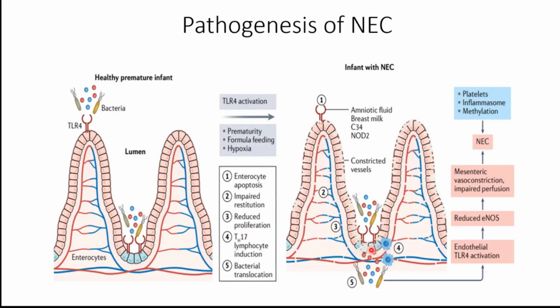This barrier breakdown facilitates gut bacteria translocation, which can interact with toll-like receptor 4 on the endothelial lining, leading to reduced endothelial nitric oxide synthase. This leads to mesenteric vasoconstriction and then impaired perfusion, along with platelet dysfunction, inflammasome activation, and DNA methylation. All this leads to NEC development.